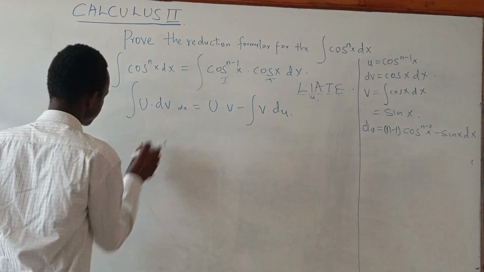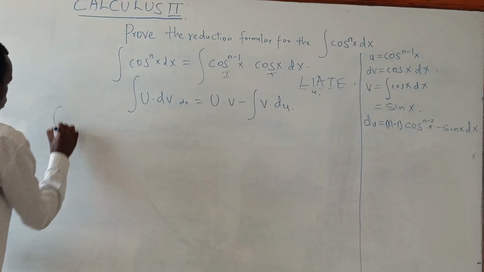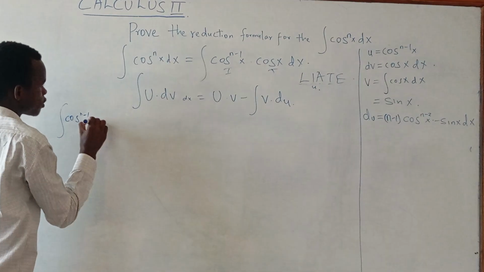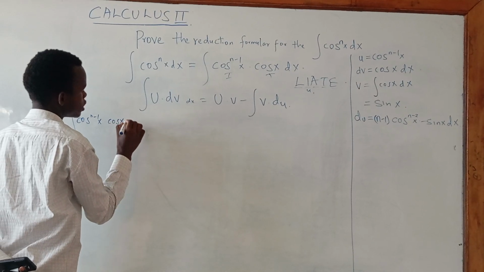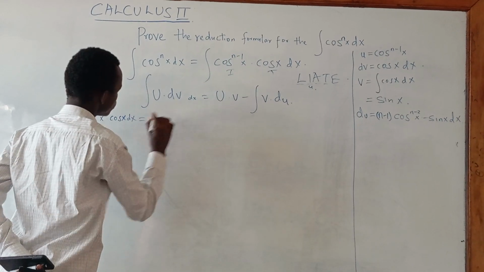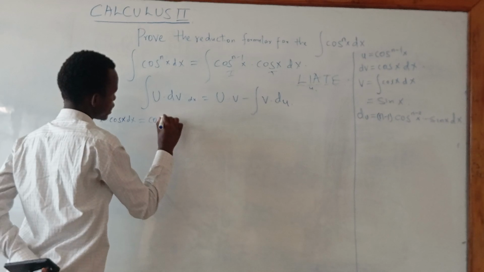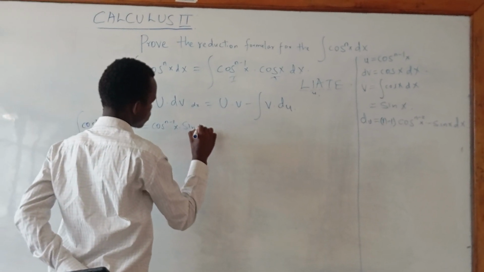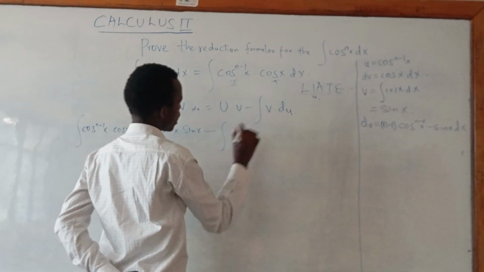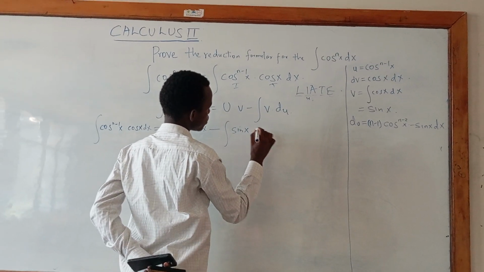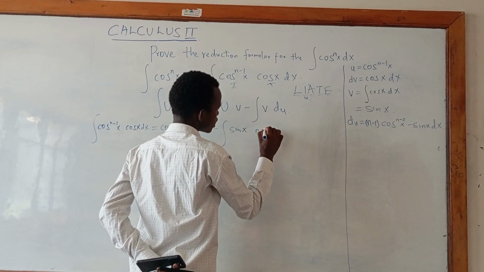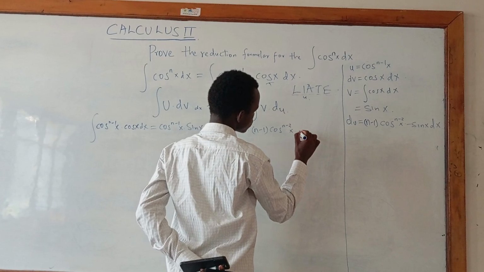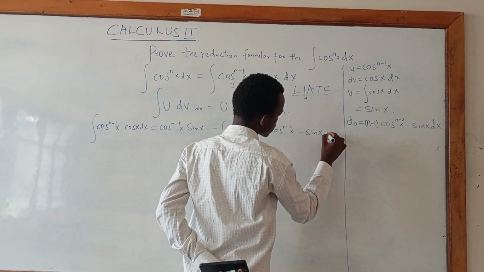Substituting into our formula, the integral of cos to the n minus 1 of x multiplied by cos x dx is the same as u, which is cos to the n minus 1 of x, multiplied by v, which is sine of x, minus the integral of v, sine of x, multiplied by du. du is n minus 1 multiplied by cos to the n minus 2 of x multiplied by negative sine of x dx.